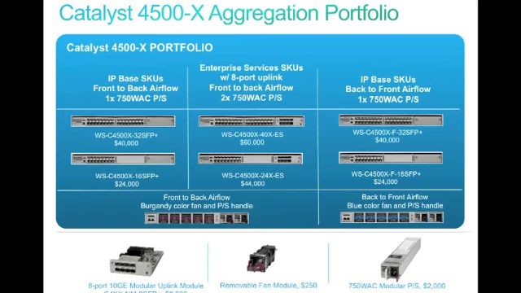This also has the same front-to-back airflow cooling fans, and this time dual redundant 750 watt AC power supplies. As an additional base offering, we have another package that includes the IP base operating system, but in a different configuration offering back to front airflow with the different fans and power supplies. Again, with a single power supply in this configuration.